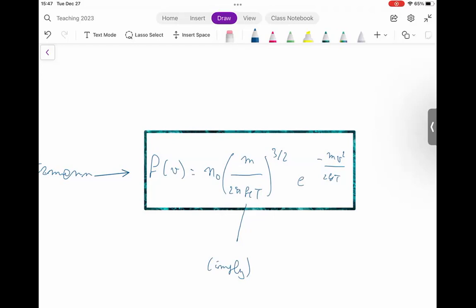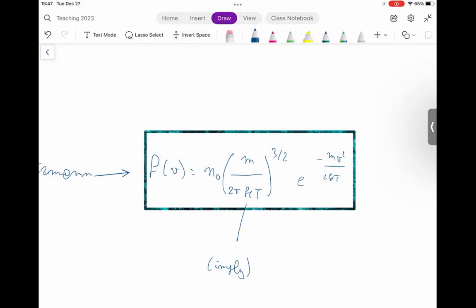And then, well, pi is pi. I've already told you about the Boltzmann constant, and that's all we have in this expression.